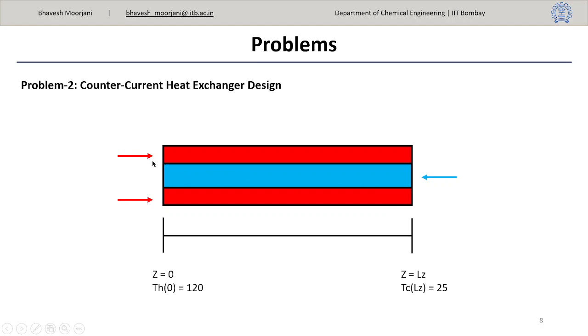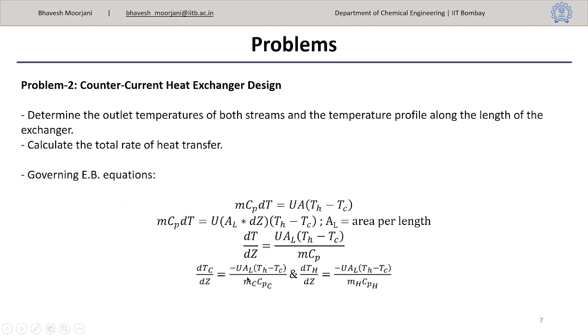If I look from left to right, in that case the cold stream temperature is increasing as my z is decreasing. So that's why here also you will have a negative constant for dTc by dz, which is minus UA divided by m cp, right? So the slight change in the equation is that both the temperature gradients are negative considering the positive z direction, or positive increment in the z direction, right?